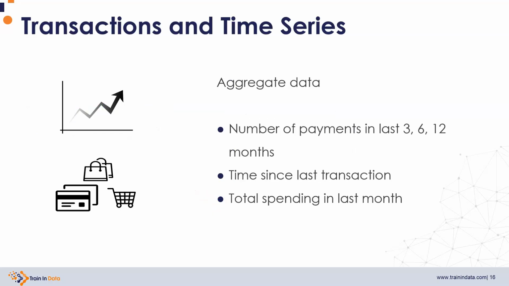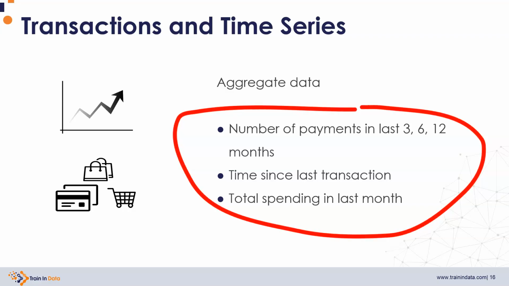When we have transaction data or time series, what we can do is aggregate the data to obtain a single point of view for the customer. For example, if we have historical data for some customers, we can aggregate them so that we now create features like the number of payments in the last 3, 6, or 12 months, or the time since the last transaction, or the total spending in the last month, and so on.